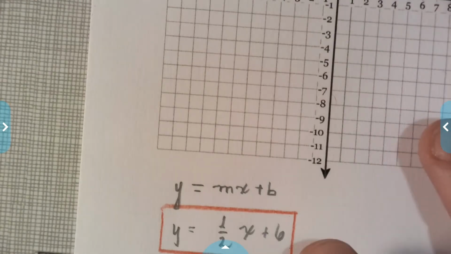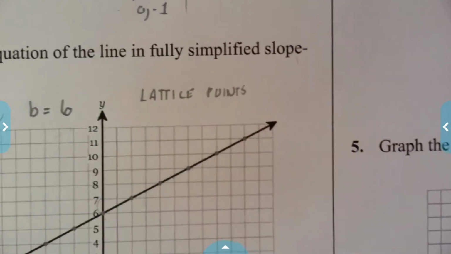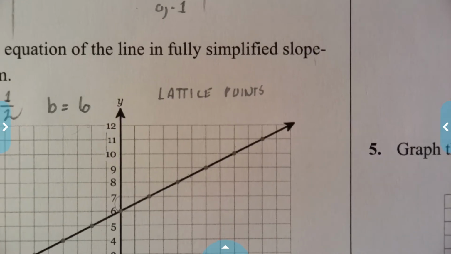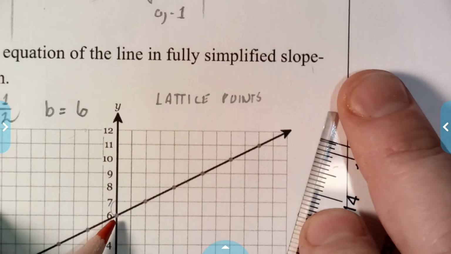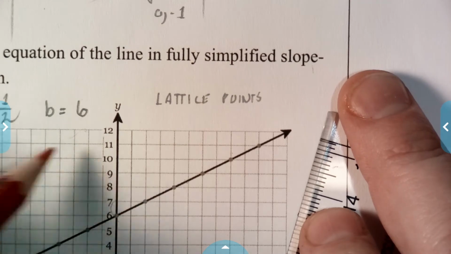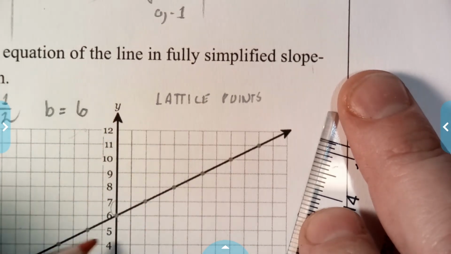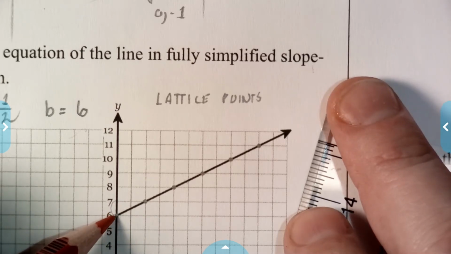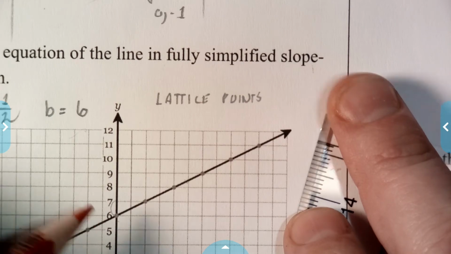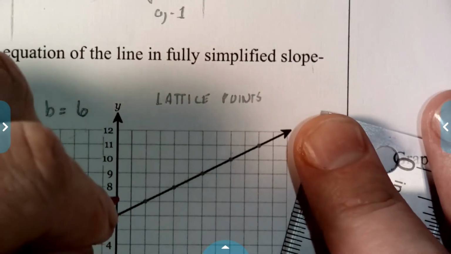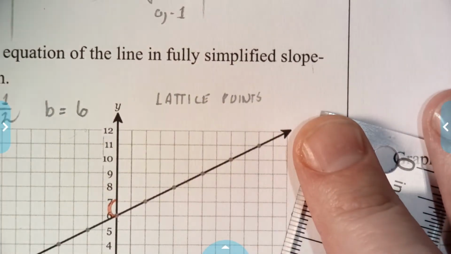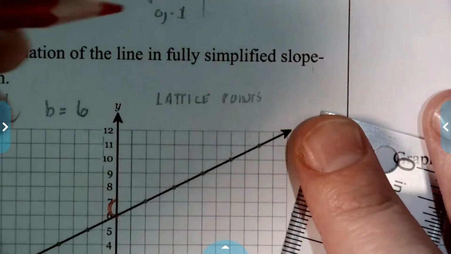And just in case it wasn't exactly clear how I came up with that slope of 1/2, I found a point which I knew was in this gray grid pattern here on a lattice point. So on the y-axis at a lattice point where it's crossing. And so then I just moved up 1. So I know that my numerator is 1, positive 1.